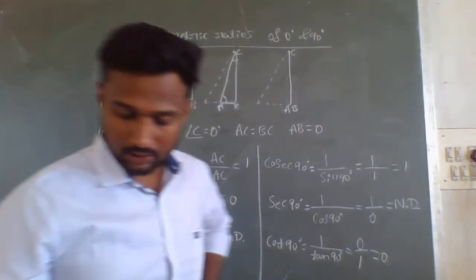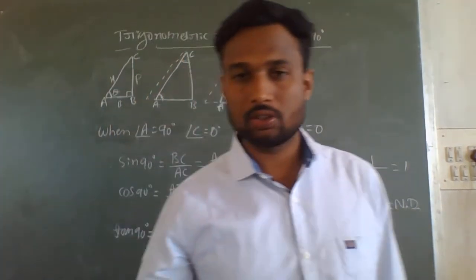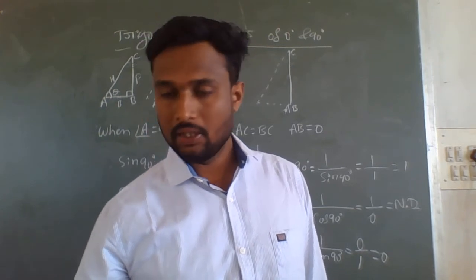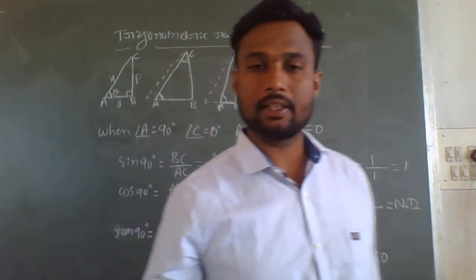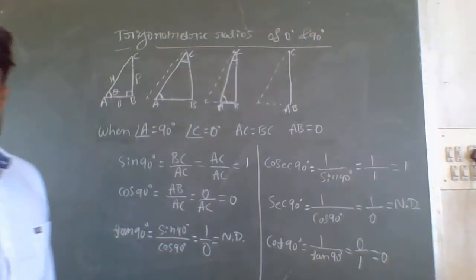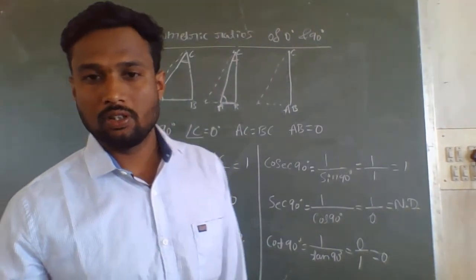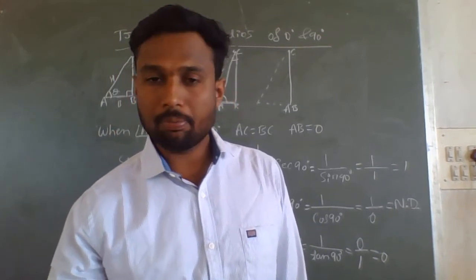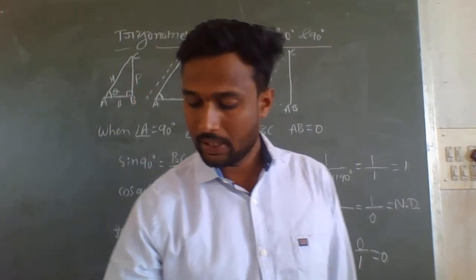So this completes trigonometric ratios with respect to 0 degree, 30 degree, 45 degree, 60 degree and 90 degree. So these are very important values. So try to remember these values. They are given in one table on page number 185 in your textbook.